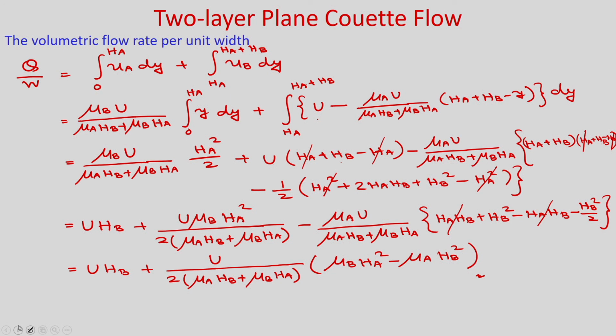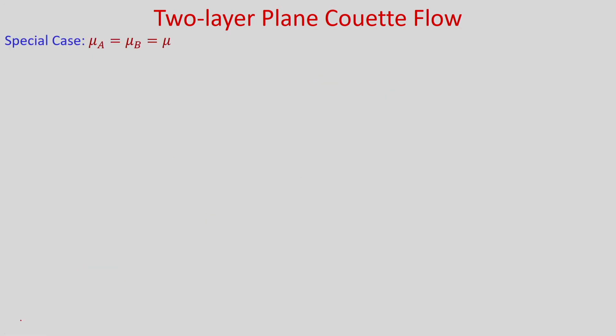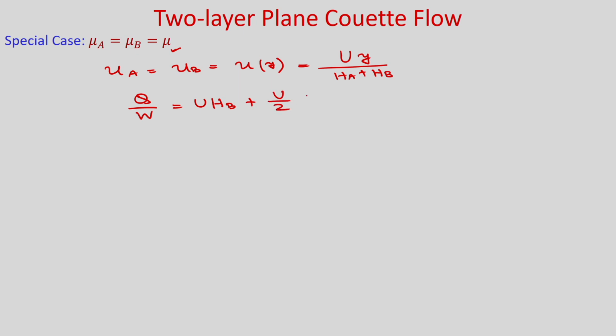Now, let us see the special case where mu a is equal to mu b is equal to mu. Okay. That means we have the same fluid in regions A and B. So, in this case, obviously, you can see Ua is equal to Ub is equal to U, which is equal to U y divided by Ha plus Hb. Okay. And Q by W, you will get U Hb plus U by 2 (Ha minus Hb).